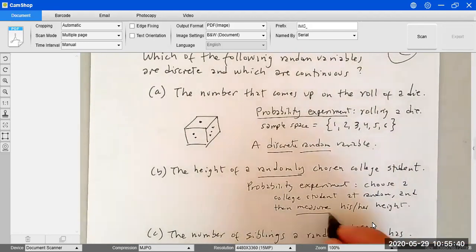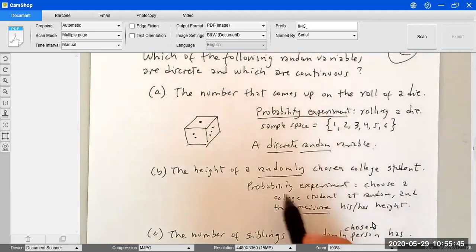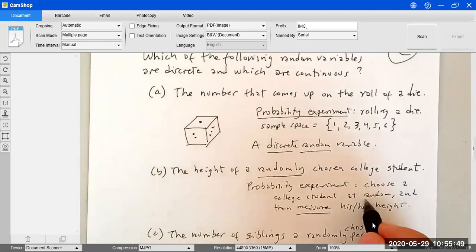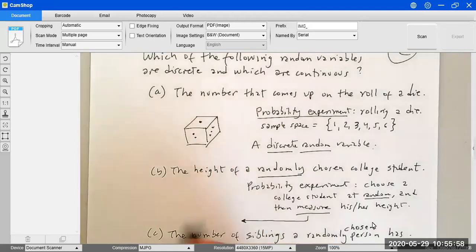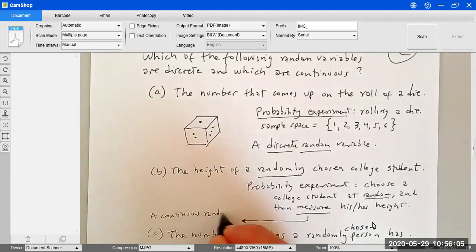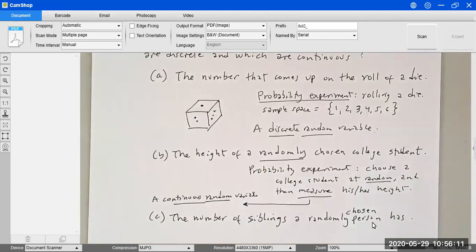So first, this is gonna be a random variable because it comes from a probability experiment where you are just choosing students at random, and you're gonna measure his or her height. So that means that you are dealing with a continuous random variable. So that's what we are dealing with in this case.